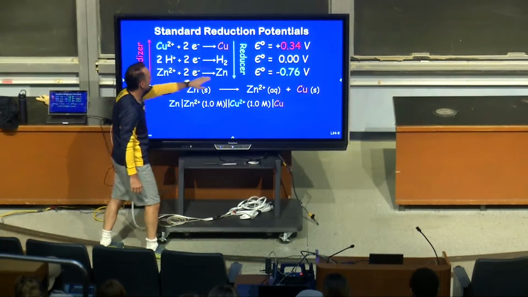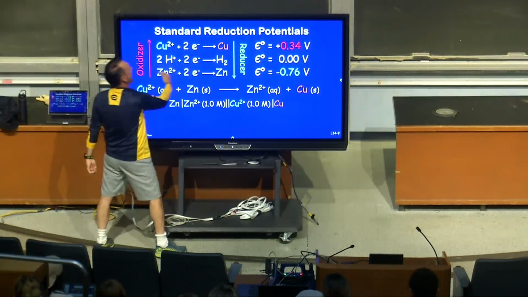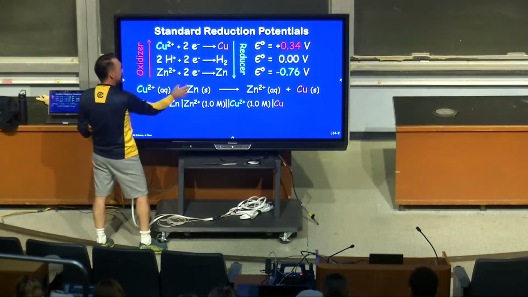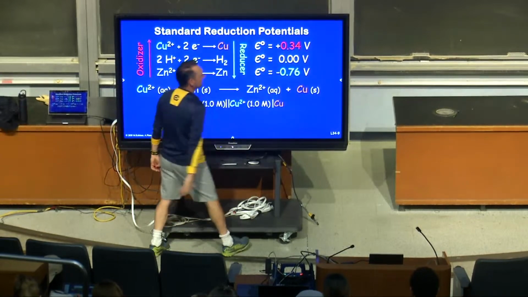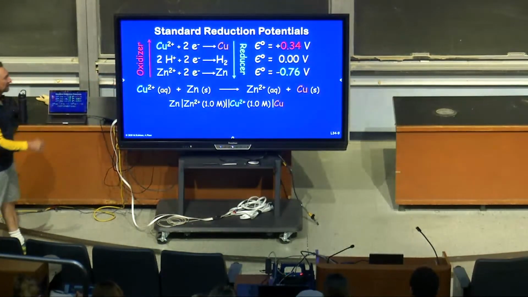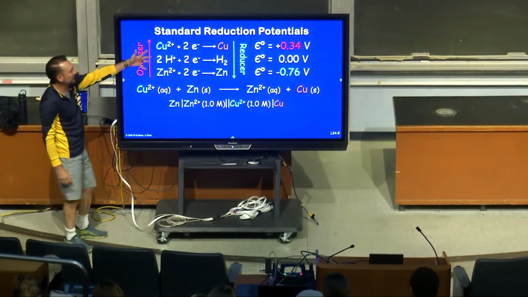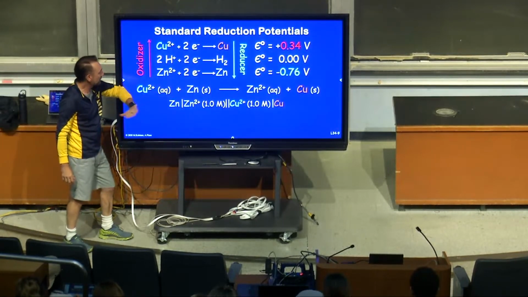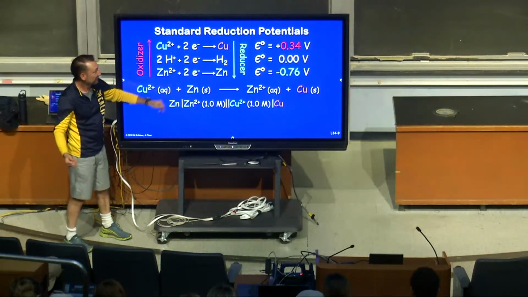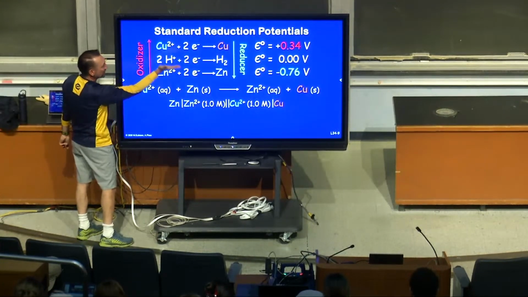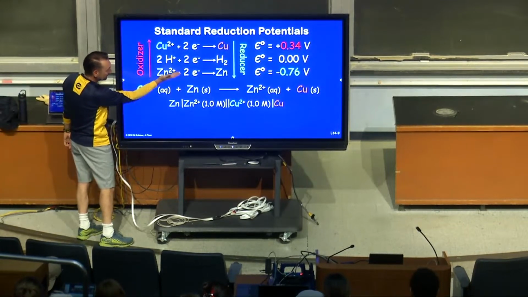Zinc metal going to zinc ions, it's spontaneous in that direction. So this plus that will give you that plus that. So that's all you have to be able to write down. You should be able to look at a table like this, write a reaction that will happen in the spontaneous direction. So you add this one and the reverse of that one, and that gives you that.